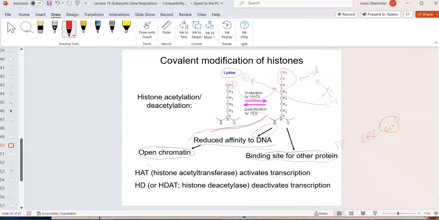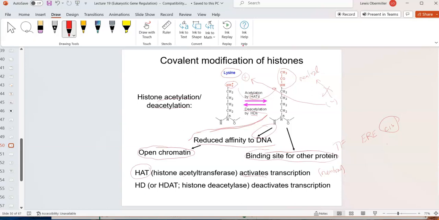Okay, so just remember histone acetyltransferase acetylates histones, and when they're acetylated, they're neutral, right? When they're neutral, they unroll and allow for activation of transcription, right? It's like unrolling a scroll.